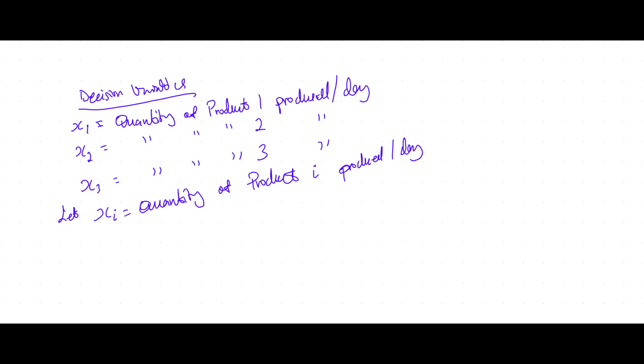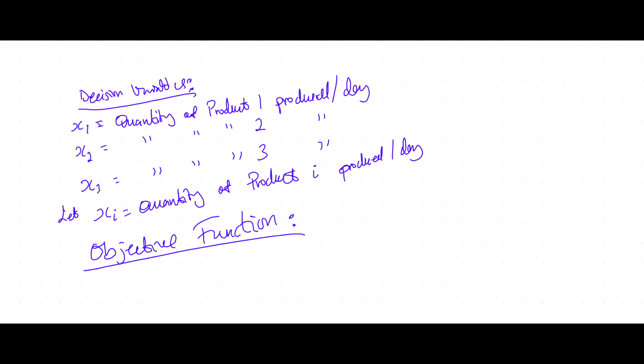All right. Now the second thing to do is to find the objective function. Remember that we said the objective function is the linear relationship between the decision variables.